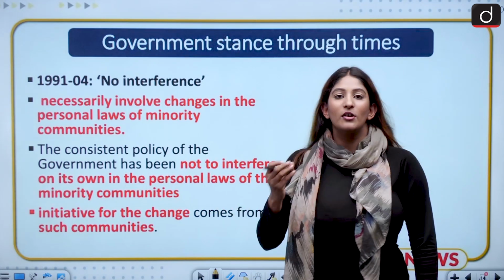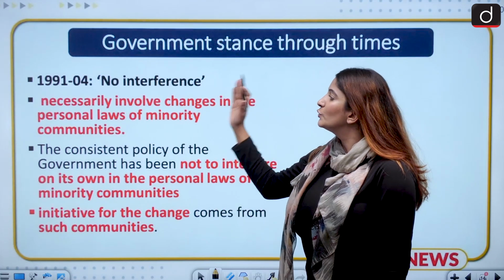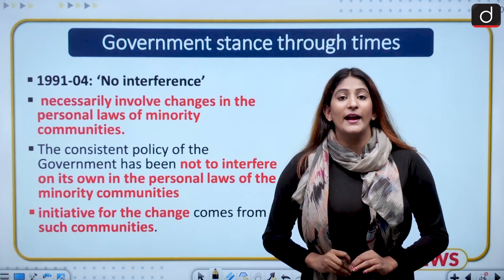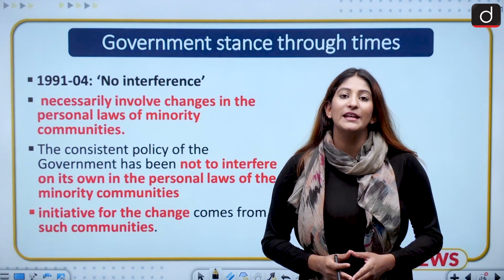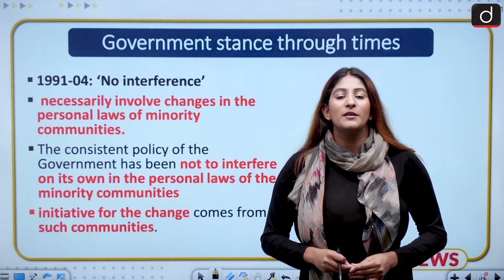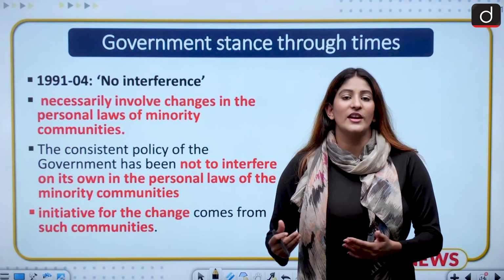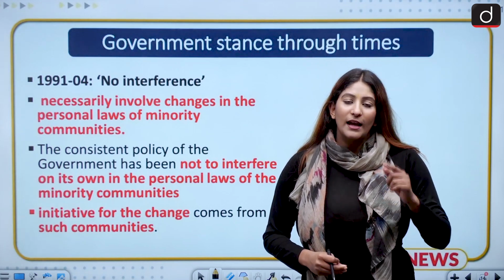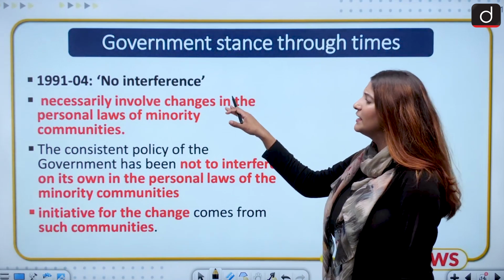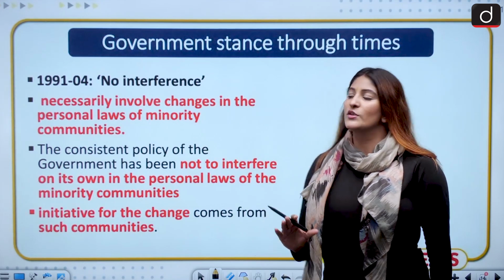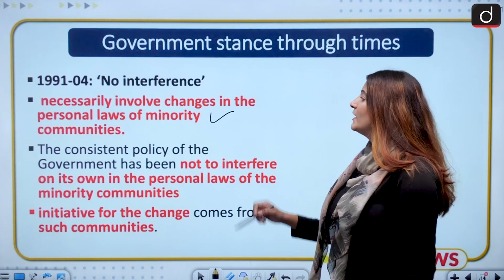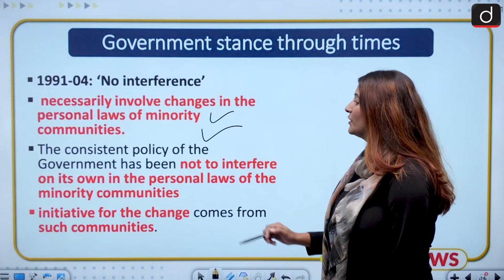Now, if we talk about the government stance from 1991 to 2004, the basic policy was no interference. This roots back to the revolt of 1857, when meddling in the personal laws of the general citizens of India gave a spark to the revolt. Similarly, the general policy was no interference, because the Uniform Civil Code necessarily involved changes in personal laws of minority communities.